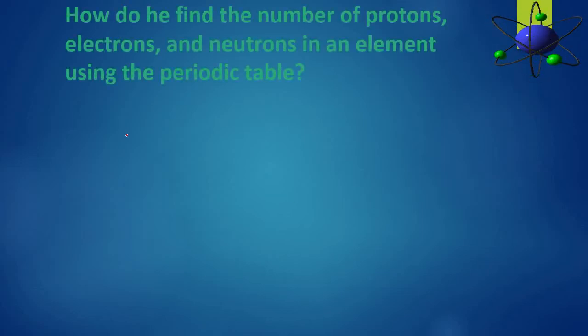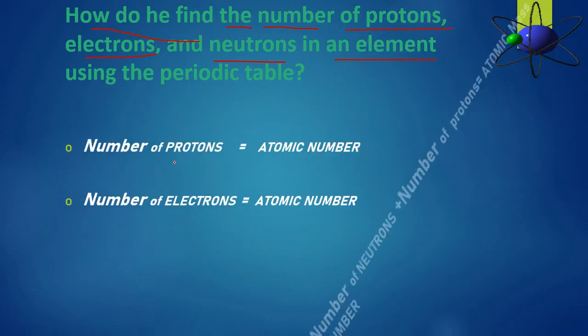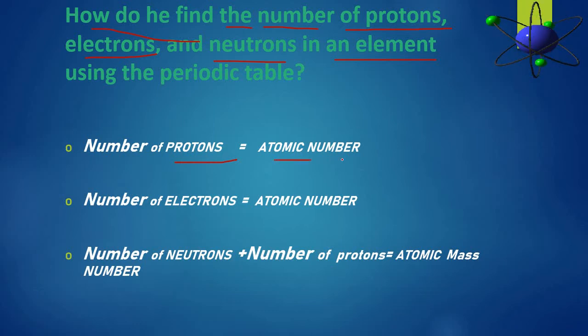Now we see how to find the number of protons, electrons and neutrons in an element using the periodic table. The number of protons is the atomic number of that element, and the number of electrons is also the atomic number of that element, and the number of neutrons and protons combined gives the atomic mass number.